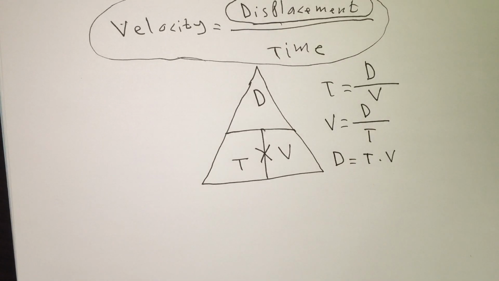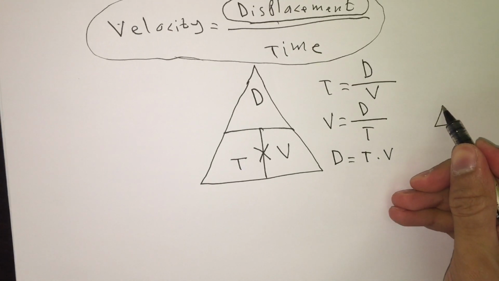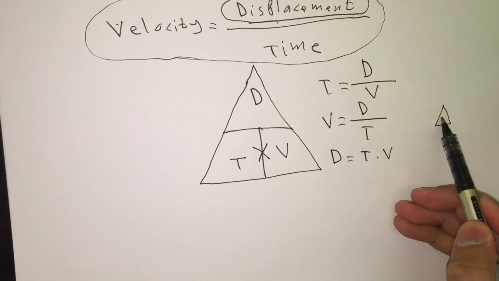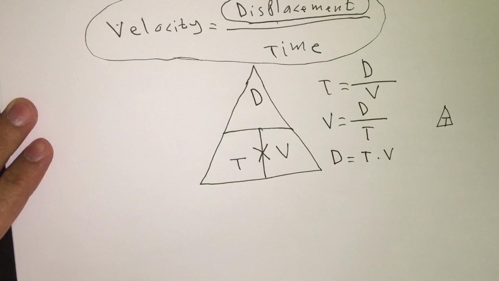So you can see it is very helpful, especially when you have to memorize so many equations. I'm talking about myself. I like to draw a small triangle next to each equation, just to help me memorize and remember.